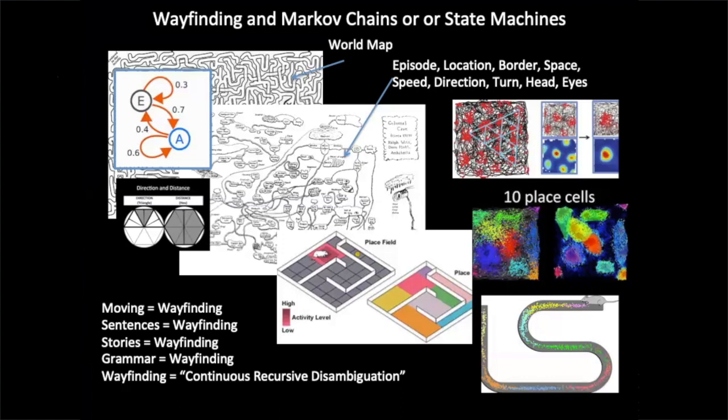So if we go over to the right-hand side and we look at those little red squigglies. Yes. That's a path of a rat moving through a square space. Those little red dots are whenever a neuron fires in the rat's head. So this is how you and I calculate space and time, is that we have a little machine in our head that calculates our speed, direction, head direction, and turn rate, and eye direction.